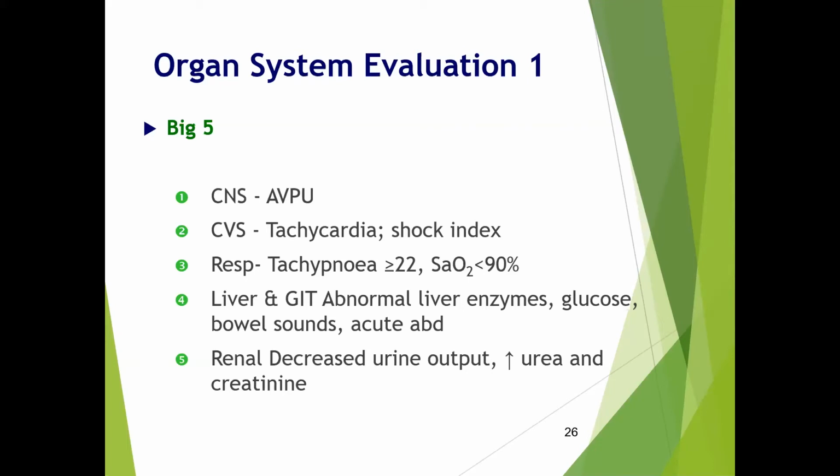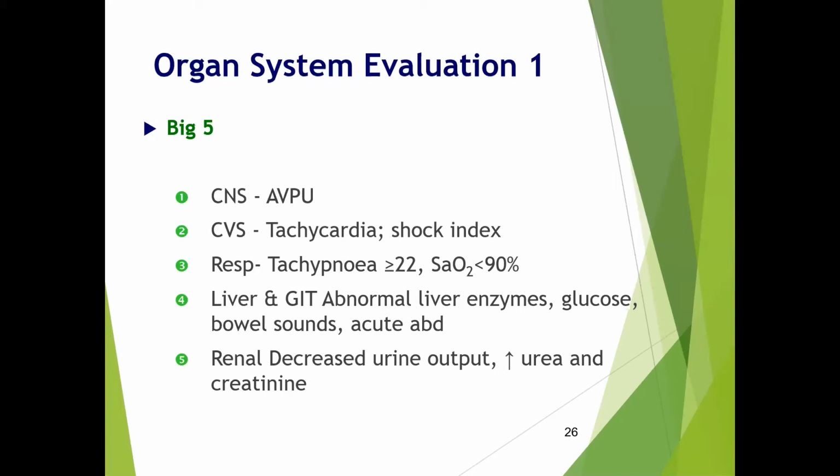Your sats, if your patient actually has a sat of less than 90, you should be thinking of ICU at that time. Abnormal liver enzymes, glucose, you'll have a patient who has either hyperglycemia or hypoglycemia, and you want to aim for normoglycemia in your sepsis patient. Check your abdomen, exclude any signs of acute abdomen and your bowel sounds.